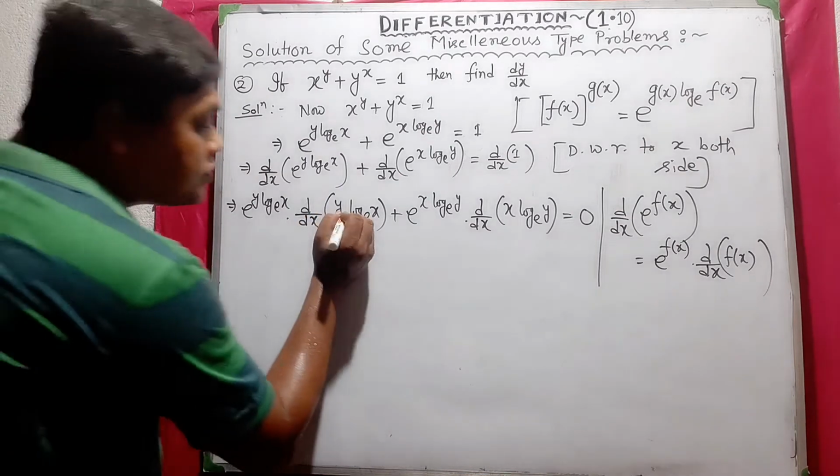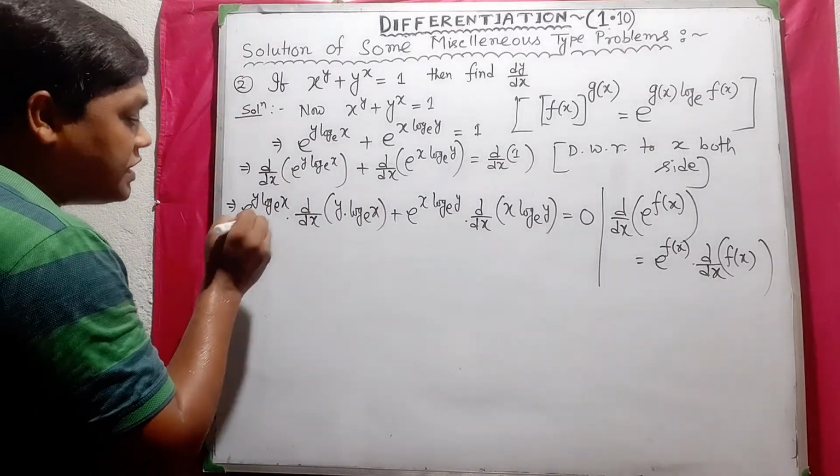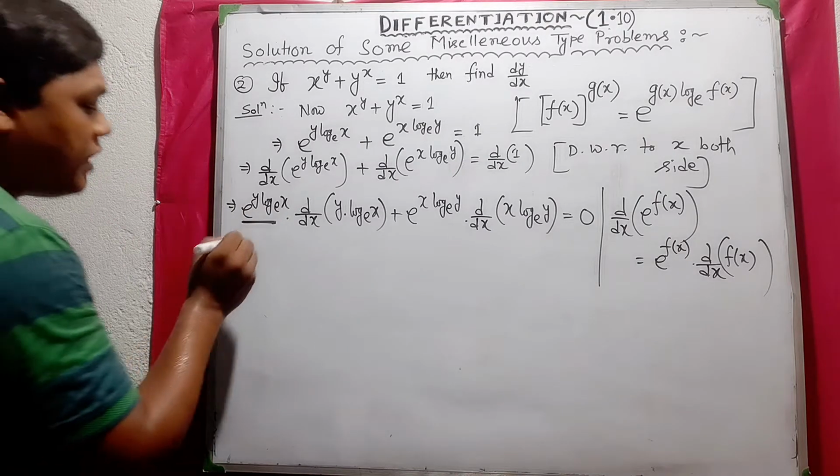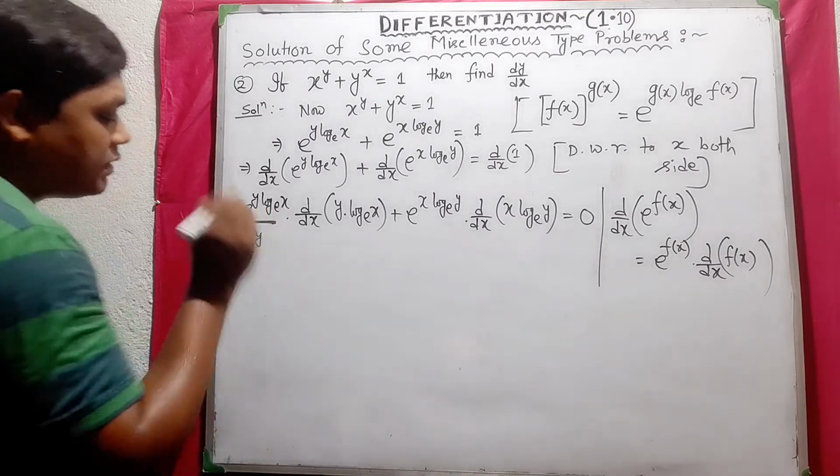So now we use the u into v rule. e to the power y log x we can also write as x to the power y.